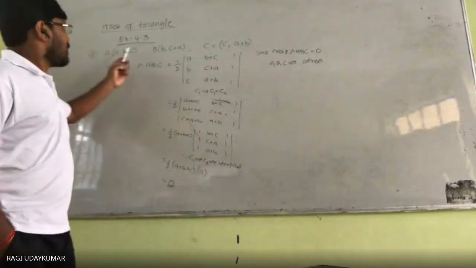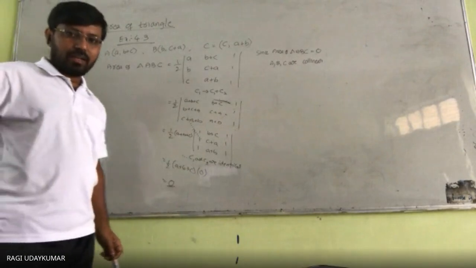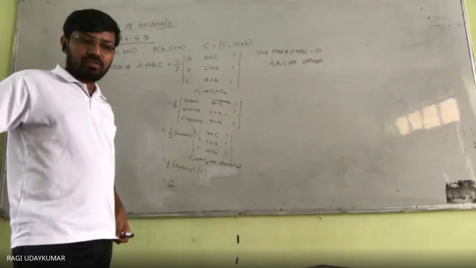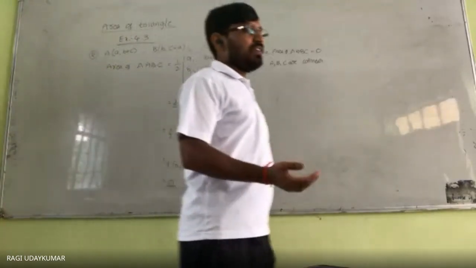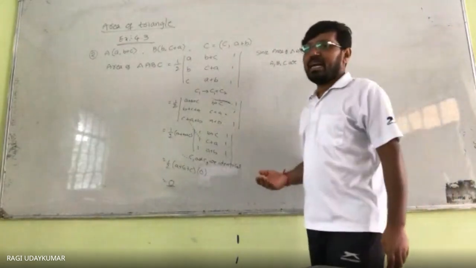What relation do you have between x and y? Can you hear me? Sir, y is equal to mx plus c. Y is equal to mx plus c, that is the equation of a line with y-intercept c and slope m.